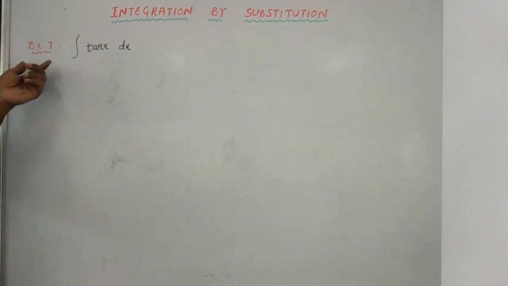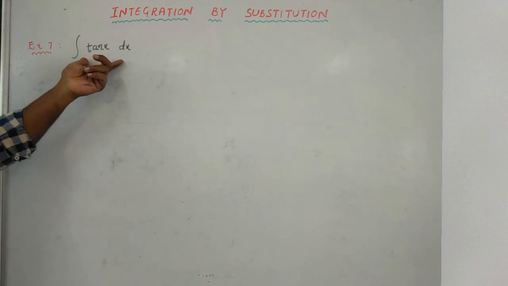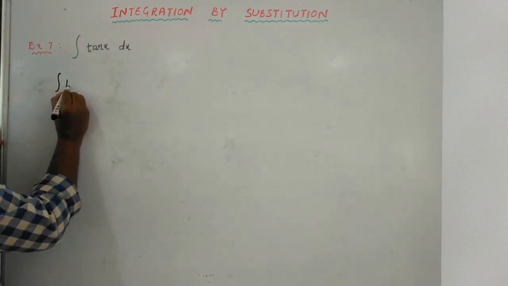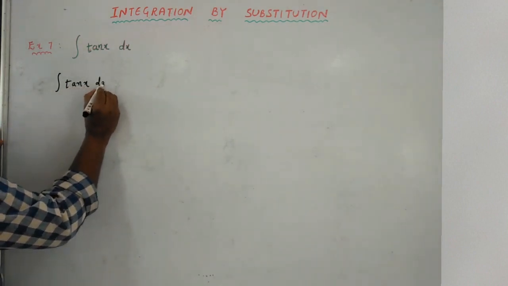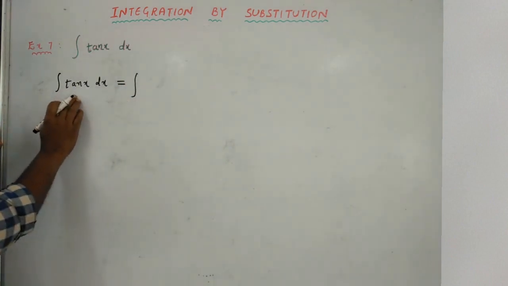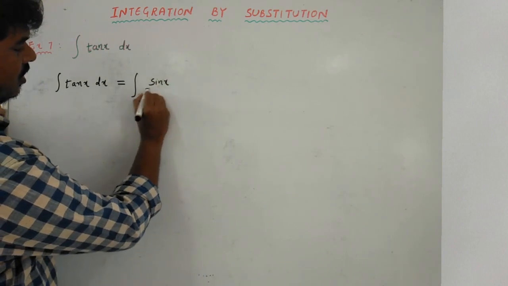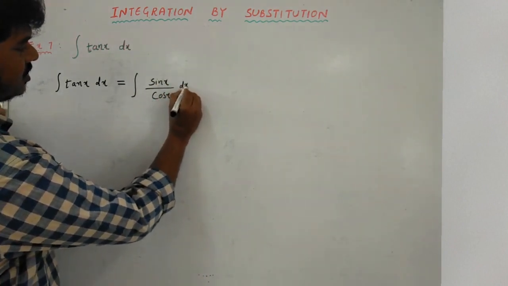Next, example 7: what is the integral of tan x dx? The integral of tan x dx is equal to, this tan x will be written as sin x divided by cos x dx.